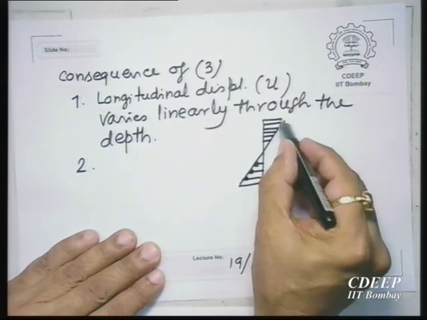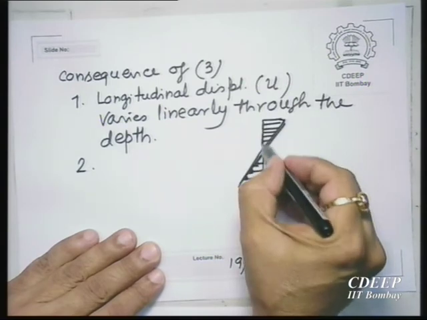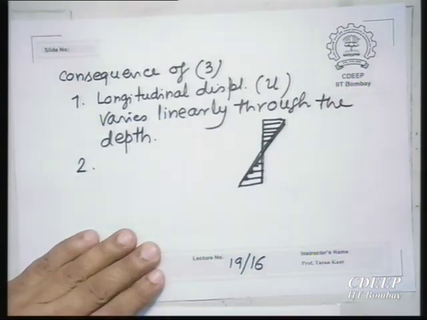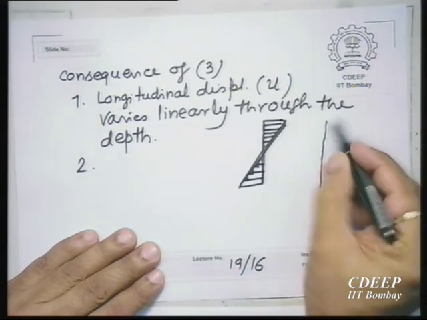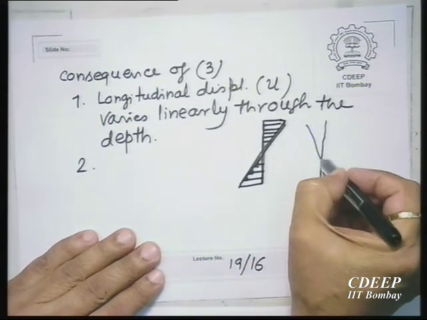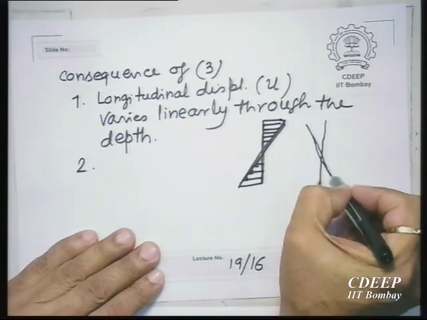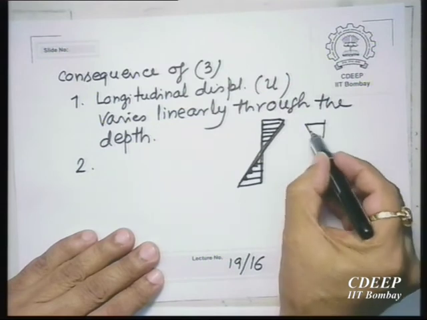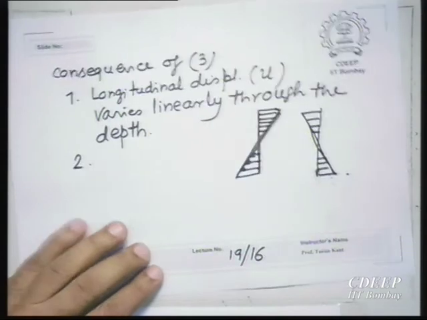So this cross section becomes like this. From vertical, it has become inclined, or it has become like this. From vertical, it may also become like this. So all my displacements are like this.